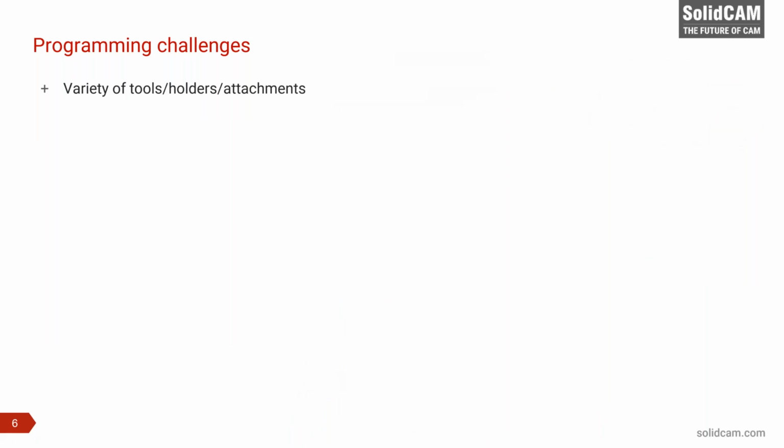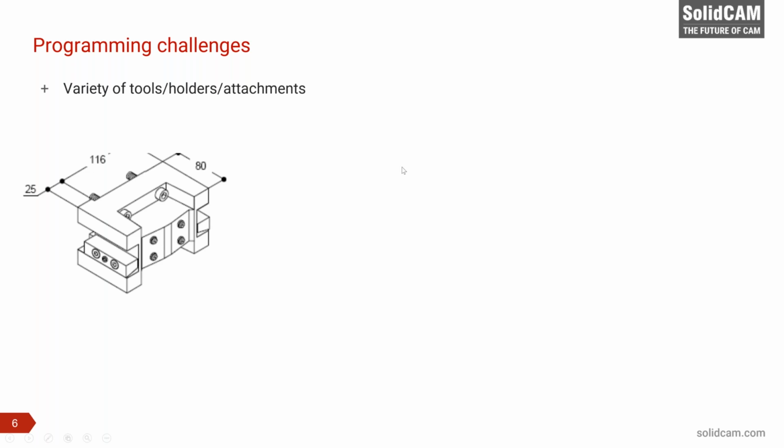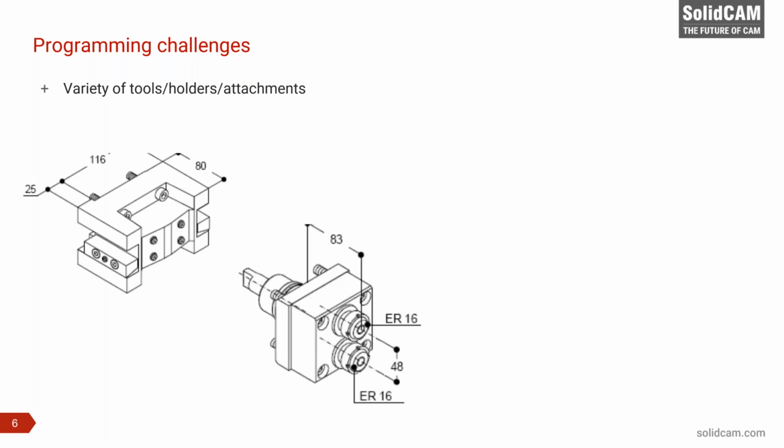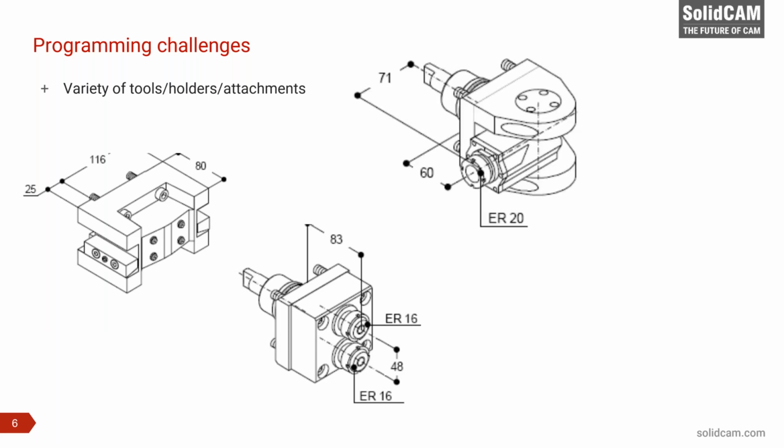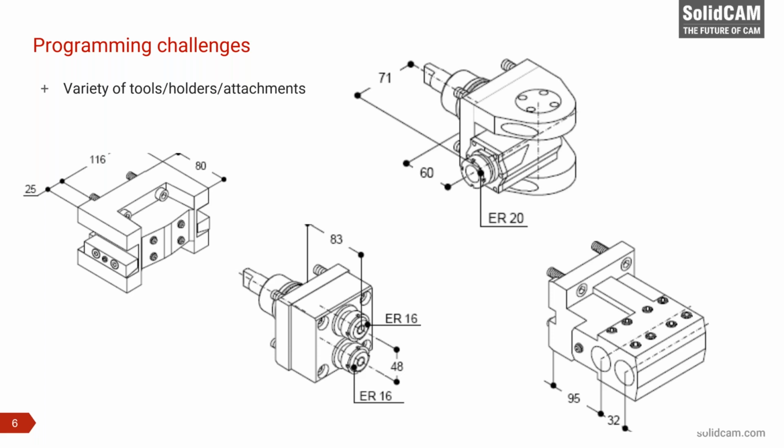So the next challenge I would like to name is the variety of tool holders and attachments and any other devices that could be added to fix our cutting tool. On mill-turn machines, we have two types of tools. There are tools which are rotating, like a milling tool, and tools which have no rotation.